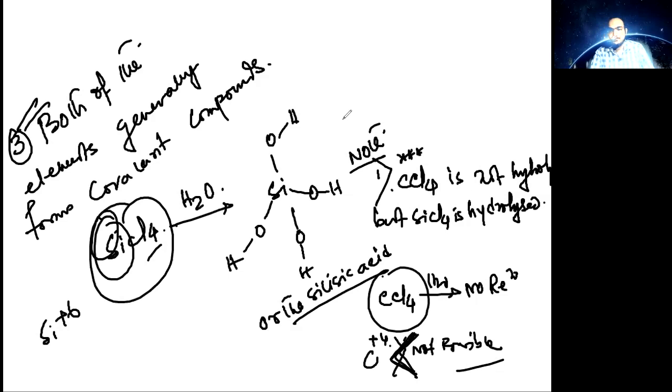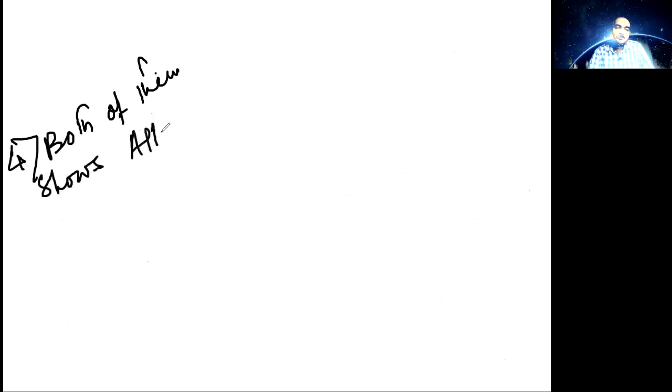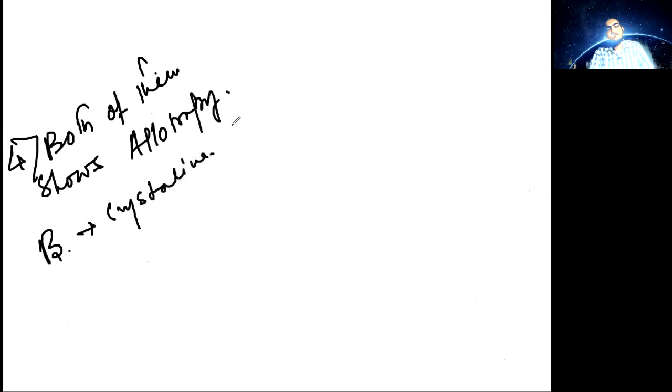Number 4. Both of them show allotropy, such as boron exists in two forms, crystalline and amorphous powder, and aluminium also in crystalline and powder.